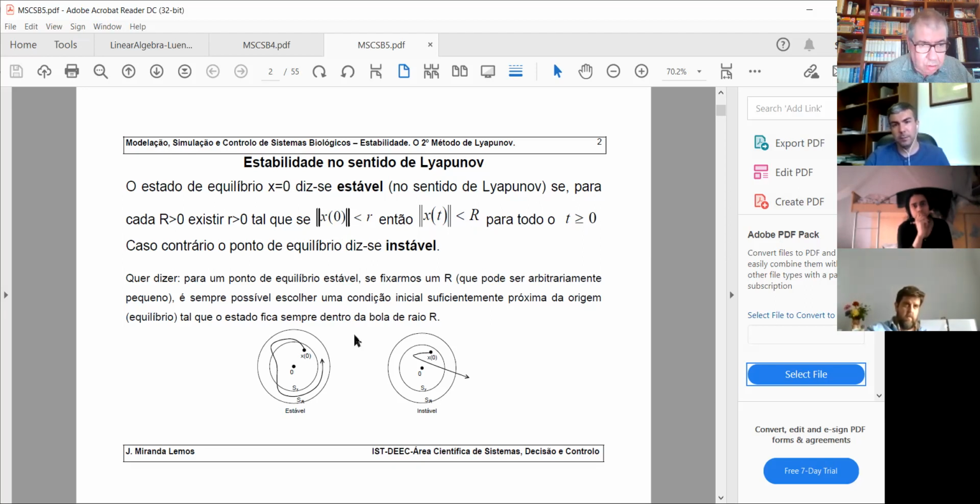Okay, so this is a plot. You have this larger ball, which is the ball of radius capital R, and I should be able to find a smaller ball of radius small r, such that if the initial condition is inside this small ball, then the state will be inside the larger ball for all times, no matter how small the larger ball is.